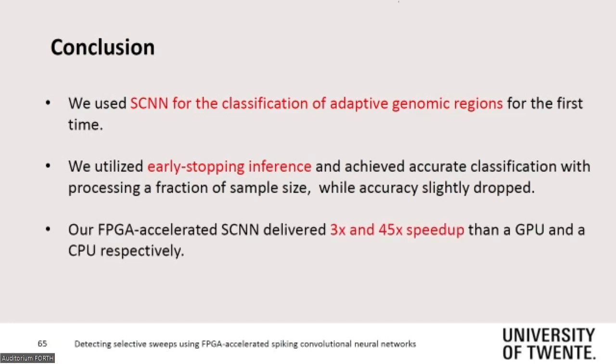And with our FPGA-accelerated SCN architectures, we observed 3 times and 45 times speedup compared to SweepNet, another CNN-based method, deployed on a GPU and CPU respectively.